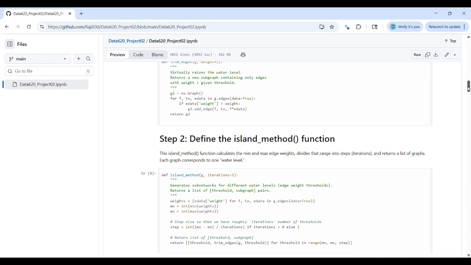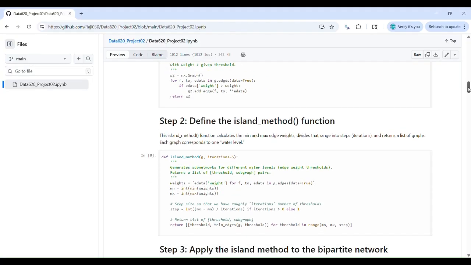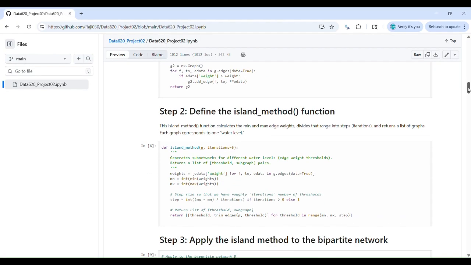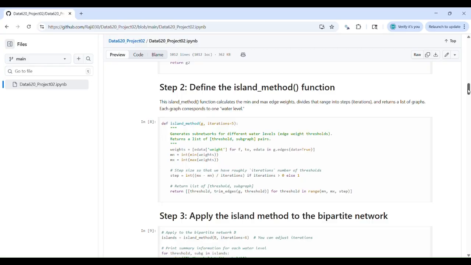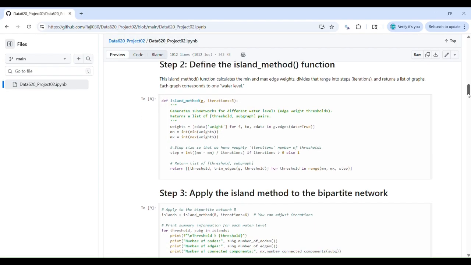So here is the returned graph G2, and then we defined the island method function, which calculates the minimum and maximum edge weights, divides the range into steps for iterations, and returns a list of graphs, and each graph corresponds to one water level.